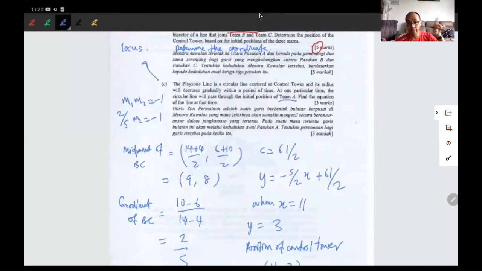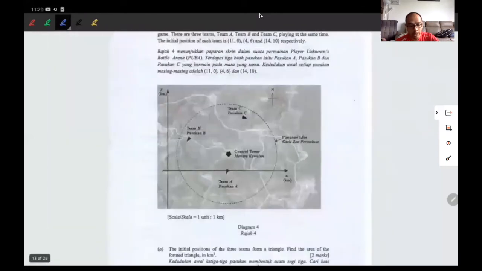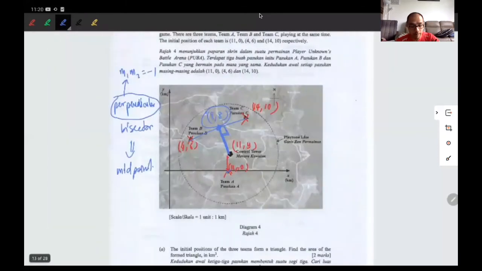Find the locus of the circle when it passes through team A. It means this circle, this play zone, is going to get smaller and smaller until one time it will pass through A like this. So you're asking us to find the equation of the locus.